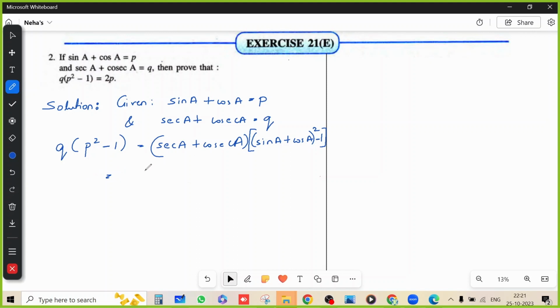So this is equal to sec A plus cosec A. Now we will apply the formula of A plus B whole square in the bracket. So this will become sin square A plus cos square A plus 2 sin A cos A minus 1.